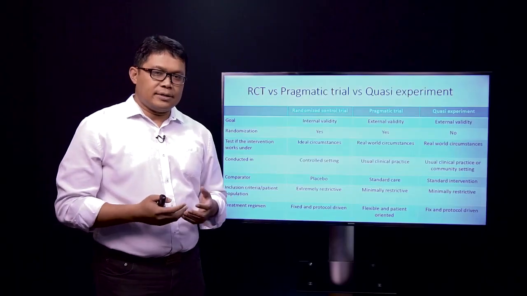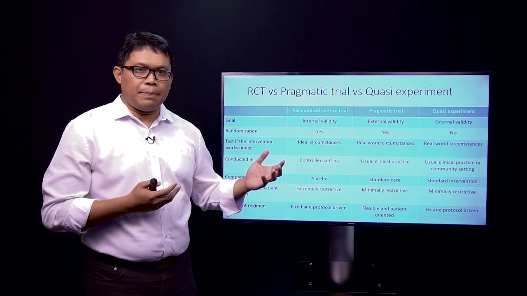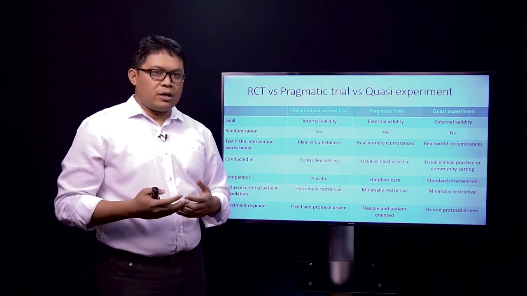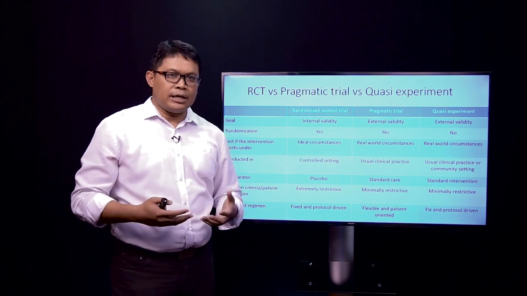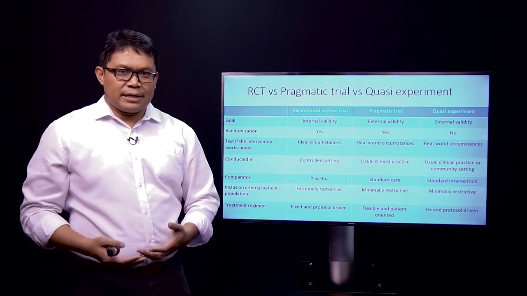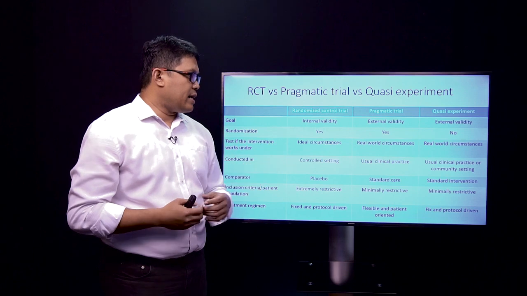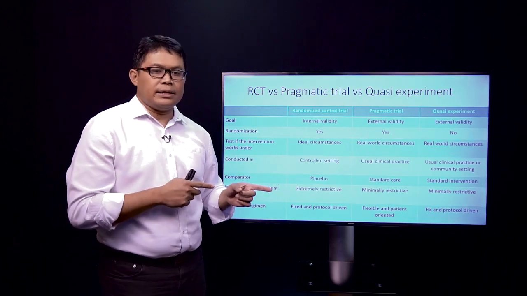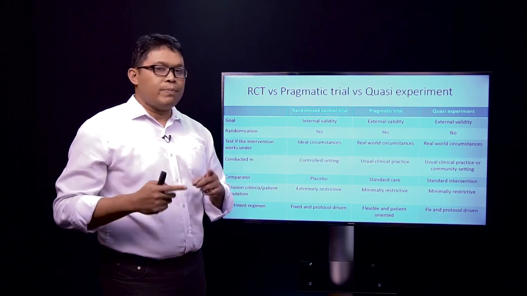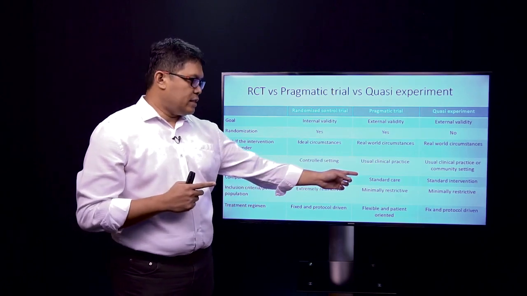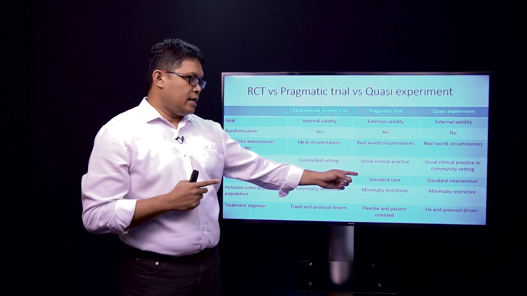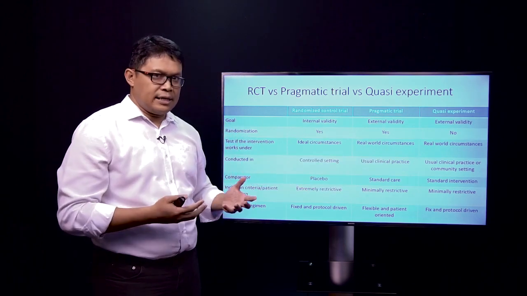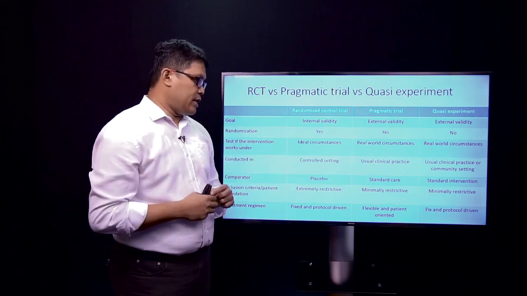In RCTs, for example, we use a placebo as a control group. But because placebo is not used in everyday practice, for pragmatic trial and quasi-experiment, we don't compare the intervention with placebo, but we compare the intervention with the existing standard care in those clinical settings, or the standard intervention which exists in a program, for example.